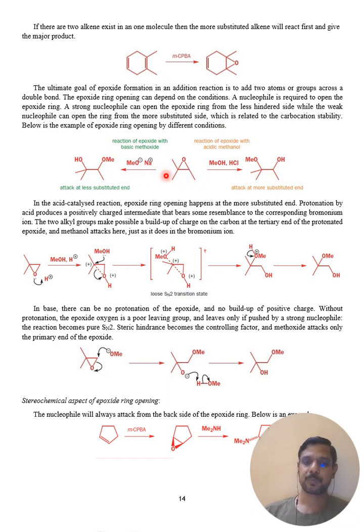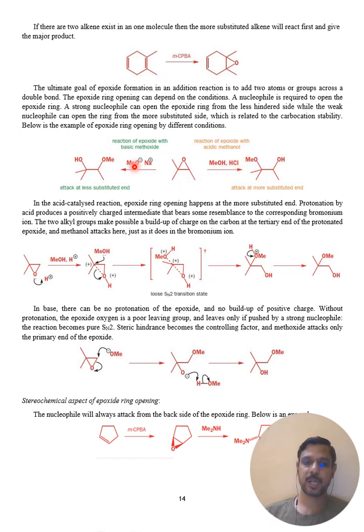So now, when the nucleophile is in the base condition, we would say that is a strong nucleophile, and the nucleophile in acidic condition, methanol in HCl, is a weak nucleophile. So when there is a weak nucleophile, it always depends on the formation of the most stable carbocation. Where the most stable carbocation formation is possible, the nucleophile will attack that carbon.